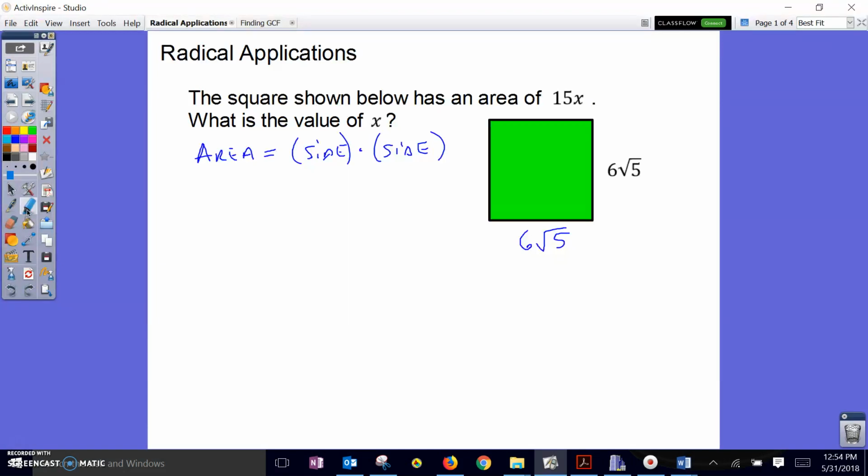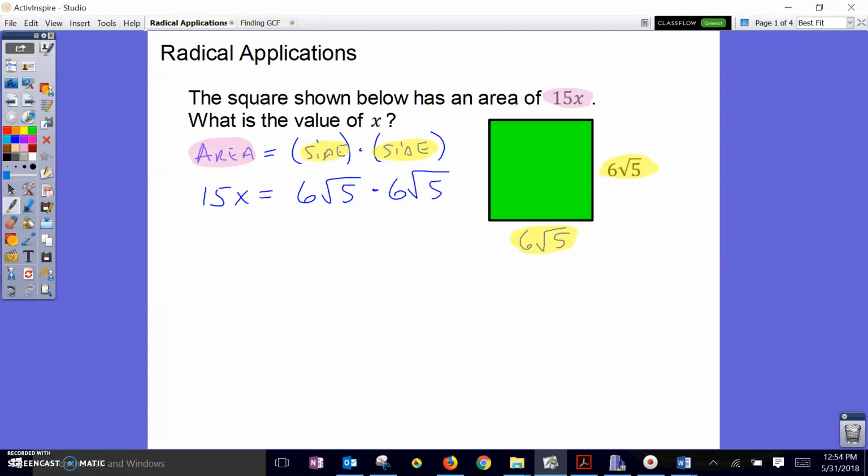First off, we're told that the area is 15x, so I'm going to put 15x in there for the area, and that's equal to the length of one side times the length of the other side. Well, they're both 6 times the square root of 5, so we can go ahead and put 6 times the square root of 5 in for both of those.